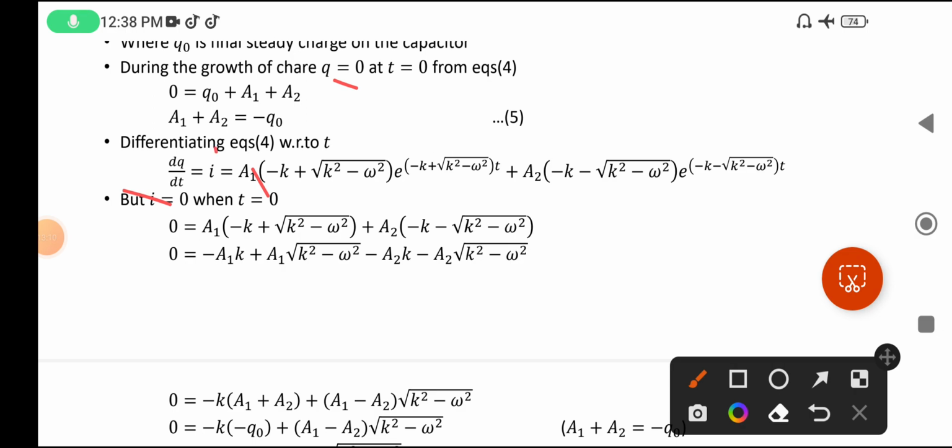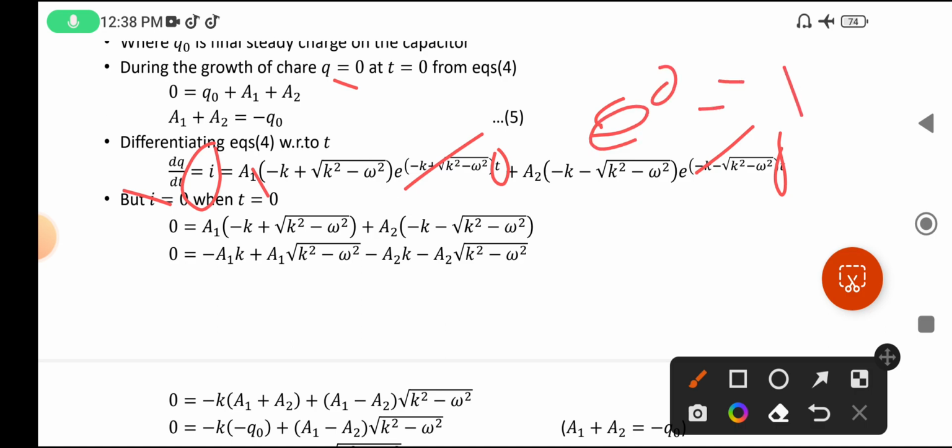So current is 0 and time is 0, so e power of 0 is 1, and only the constants remain.